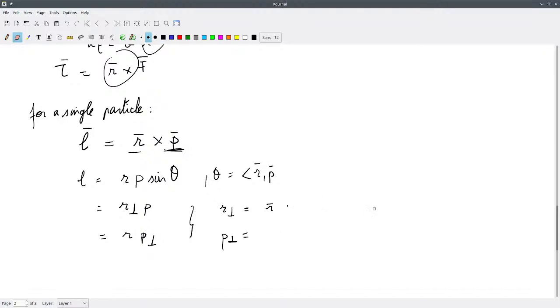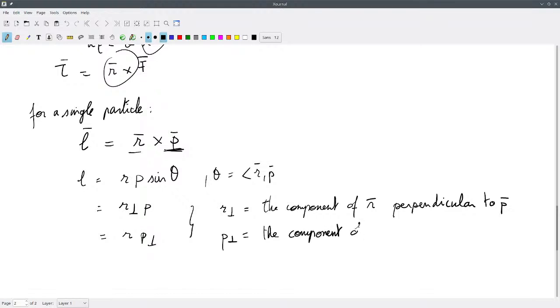R perpendicular is the component of r perpendicular to p, and p perpendicular is of course the component of p perpendicular to r.